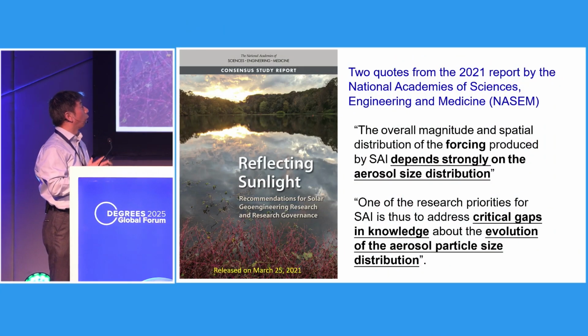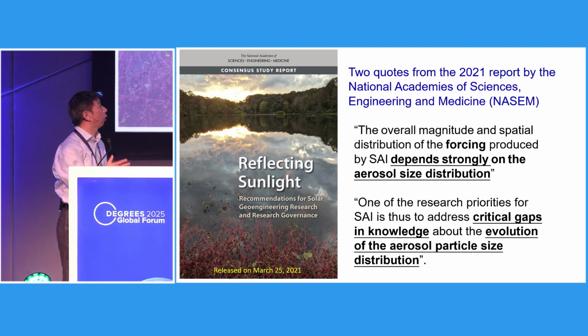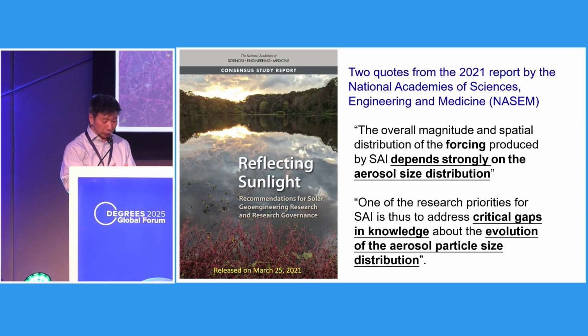One is the overall magnitude and the spatial distribution of the forcing you get from the SAI depends strongly on the particle size distributions. Another point is one of the research priorities for the SAI is thus to address critical gaps in knowledge about the evolution of the aerosol particle size distributions. So particle size is very important, and we need to understand that.